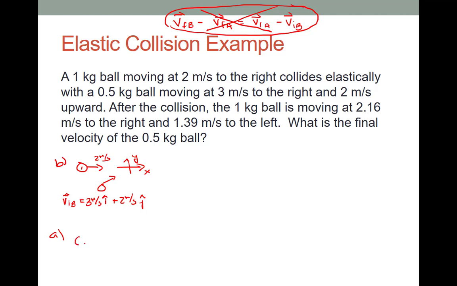Afterward, we have the 1 kilogram moving off at v final A, and the half moving off at v final B. We don't know what directions those are actually in. Well, for the v final A we do, that's given in the problem, but for B we don't, so I just drew arrows. This is going to be 2.16 meters per second in the i hat direction.